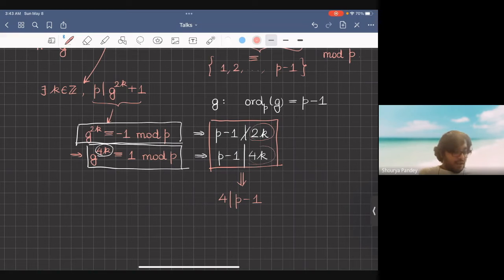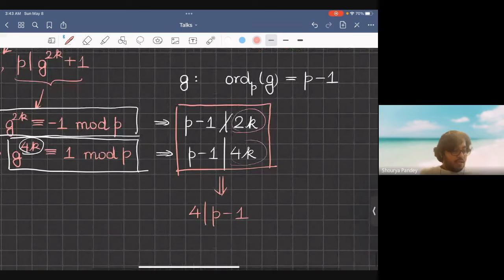It makes sense, right? If 4 was not a factor of p minus 1, then there's nothing about 4k that makes it a multiple of p minus 1 that 2k did not have, because 2k has all other prime factors the same as 4k. It's only the power of 2 that is different.